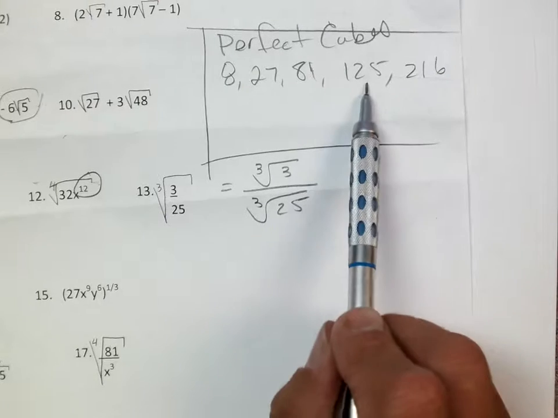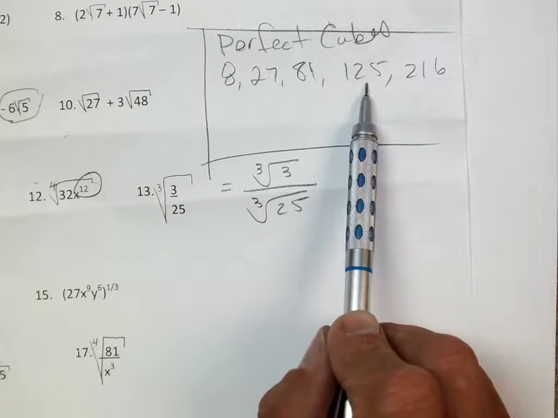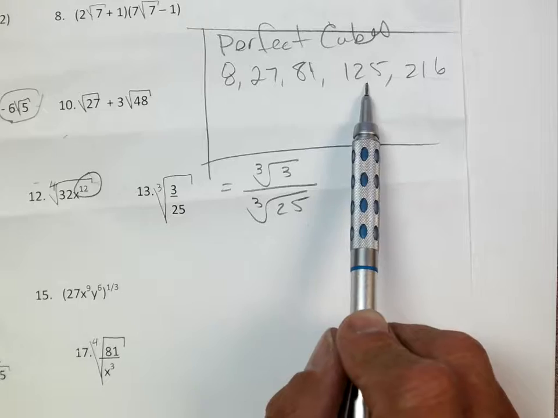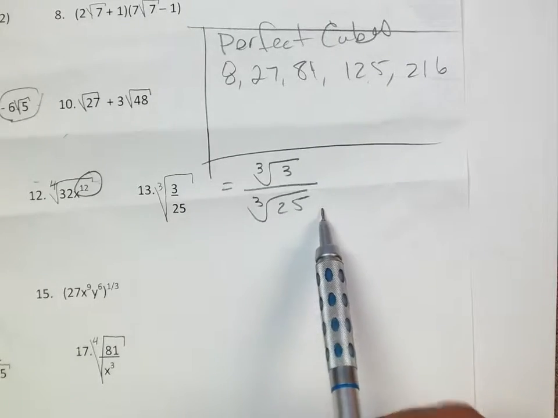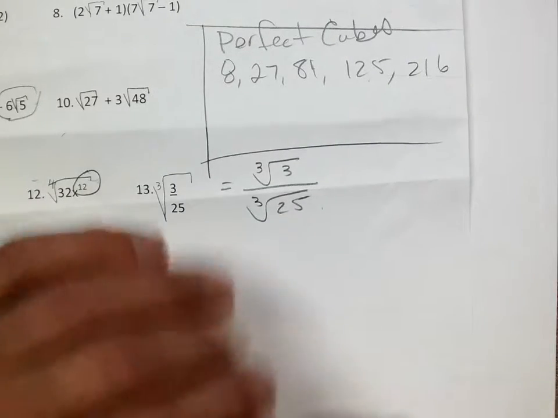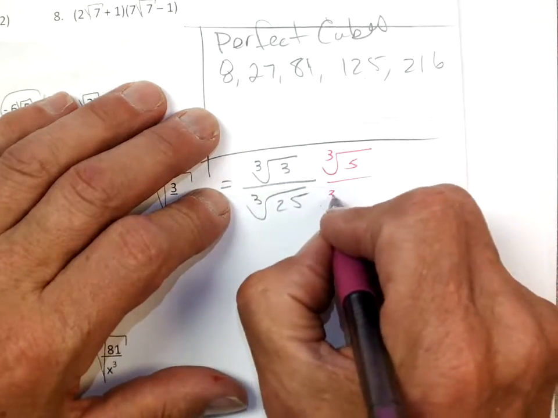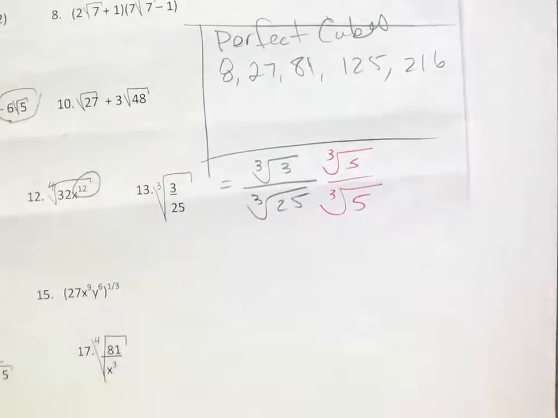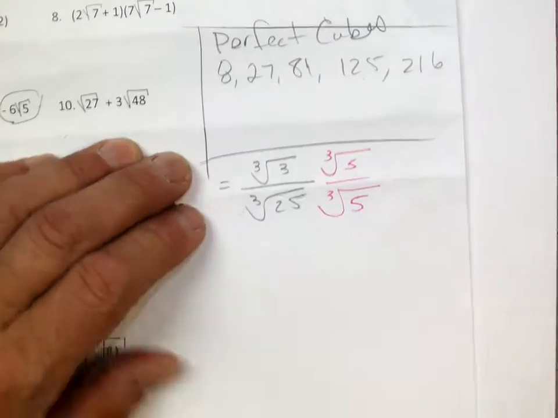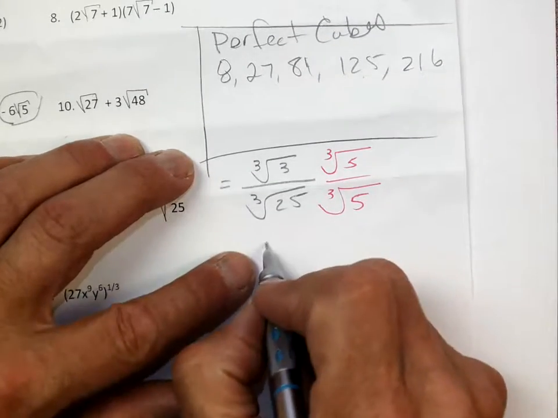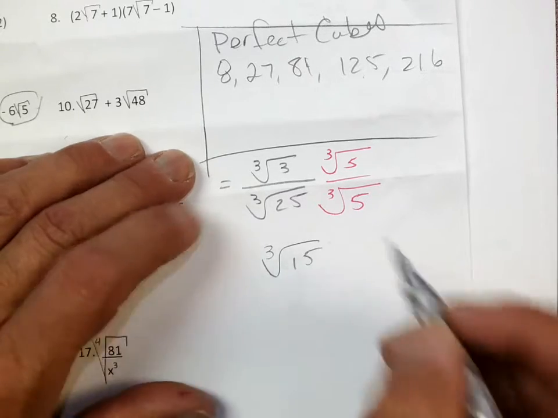Yeah, we can make it into 125, couldn't we? But how do we make it into 125? Multiply by 5, right? So multiply both top and bottom by the cube root of 5 over the cube root of 5. And let's see what happens, okay? So then on top, we'll get the cube root of 15. And cube roots on the top are fine.